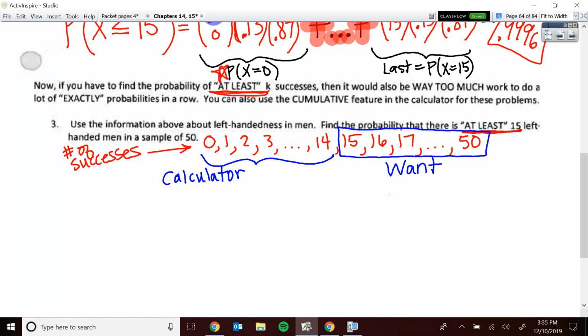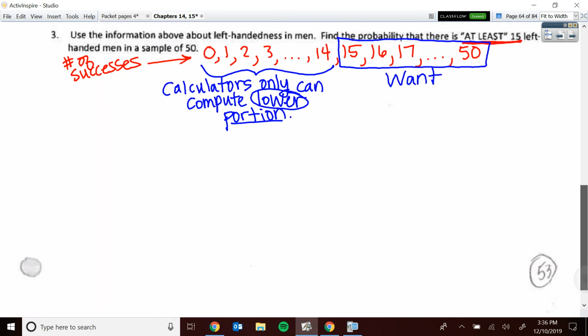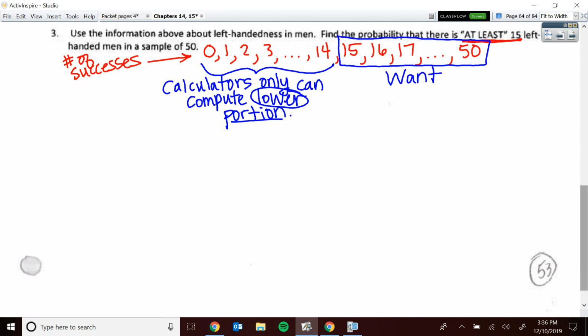But our calculators only can compute the lower portion. Remember how we would have to do inverse norm of the area below is the z at that spot? We would always have to do the lower portion because our calculator only can do that. That's the computing capabilities we have. So let's go ahead and write the formula, and then we'll talk about how to calculate.